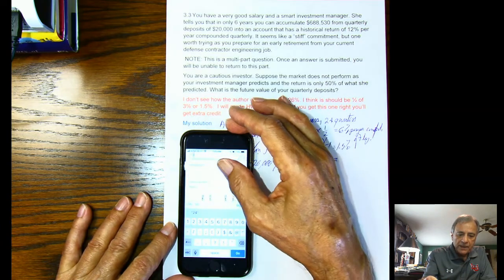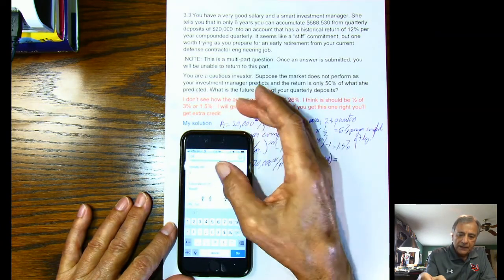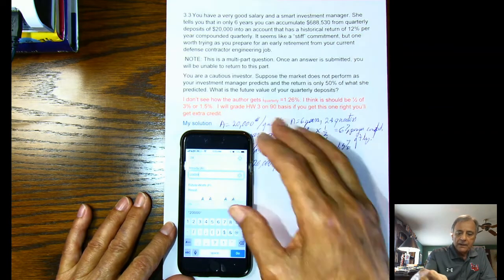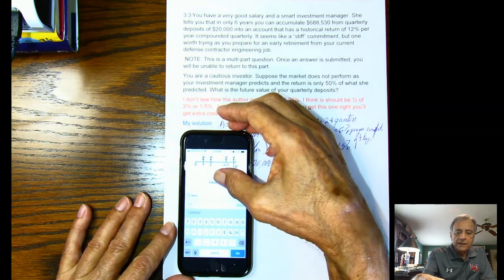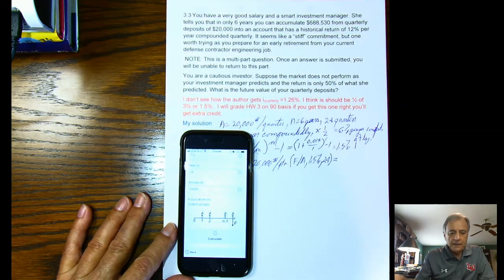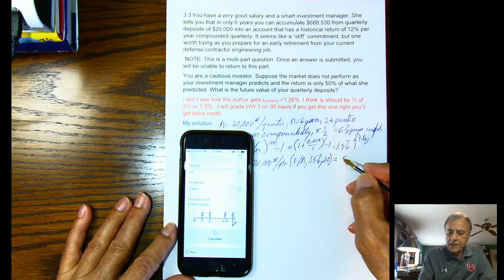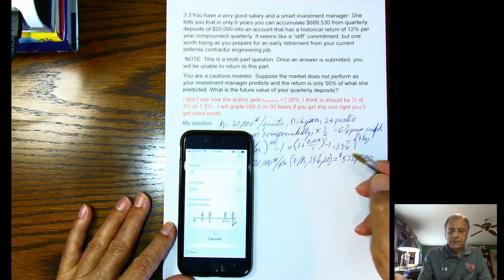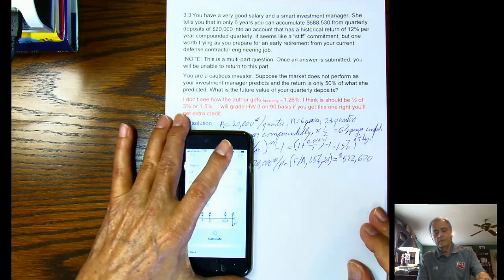And then as my annuity amount, or the A series, is 20,000. And then I tell it to calculate. And I get 572,670. This is not the answer that's in the answer key, by the way.